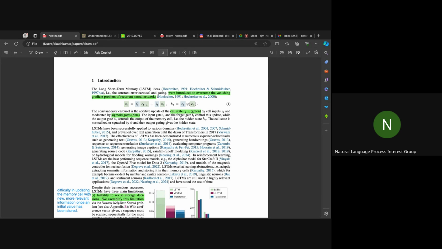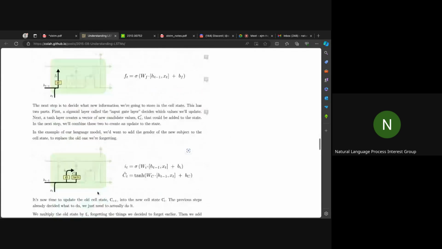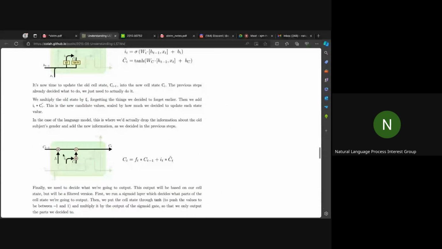Also, if you see all these equations, all the updates in the cell state that are happening here are pointwise. That is, each scalar value is updated without any interaction or understanding of the possible relationship with the other scalar values saved in the cell state.